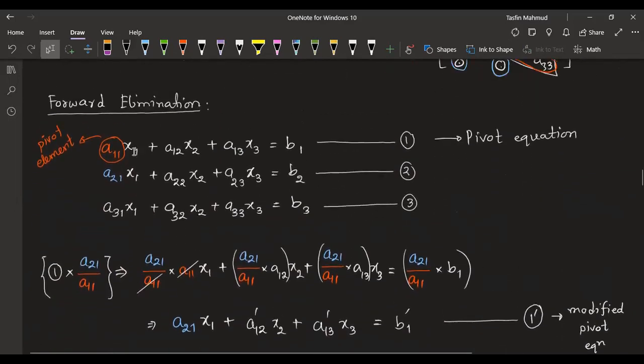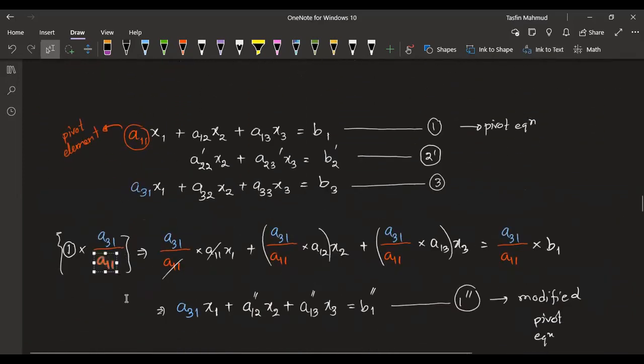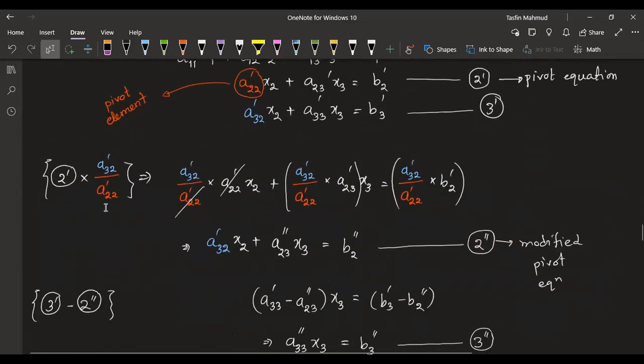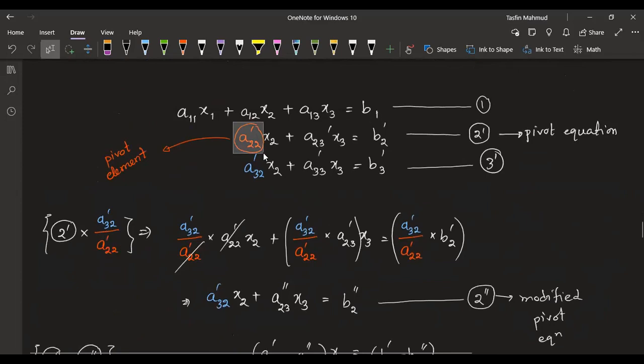In our forward elimination step, we divided the pivot equations by the pivot elements, by A11. We divided here as well by A11, and in this case, we divided it by A22 prime. The pivot element was this.